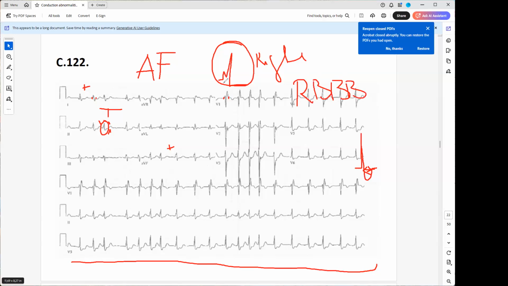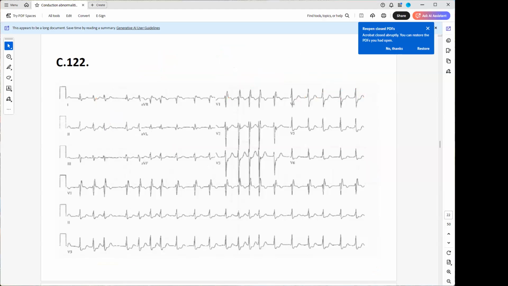Whenever you do have a wide R complex in V1, right bundle branch block. If you do see the wide R complex on the left side, such as lead number 1 or V5, V6 or lead number 2, that's the left bundle branch block. Okay, and the axis was normal, so nothing else. Period. Okay, good.